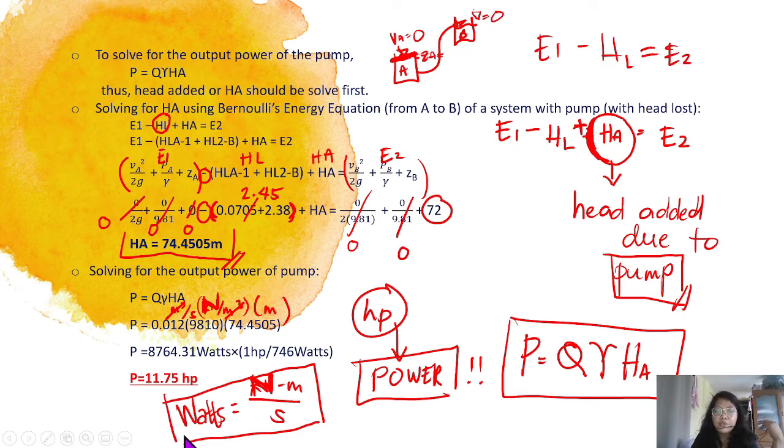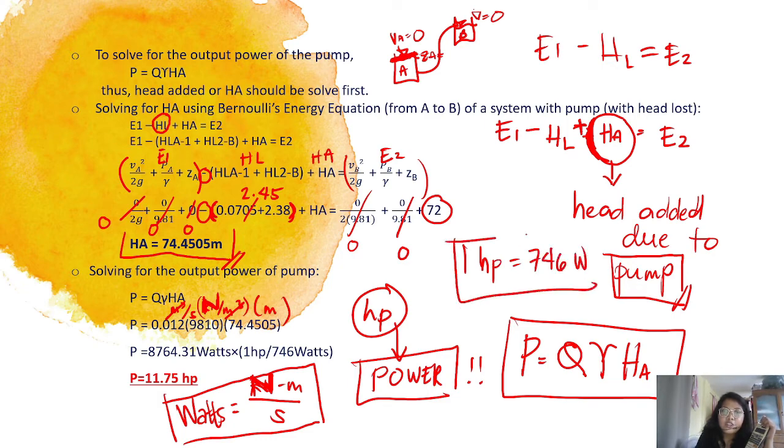So, 0.012 by 9810 by 74.4505. So, makukuha nyo dapat dyan is 8,764.31 watts. Ngayon, kung HP nga ang hinahanap, magko-convert pa pala tayo kasi 1 HP is equal to 746 watts.